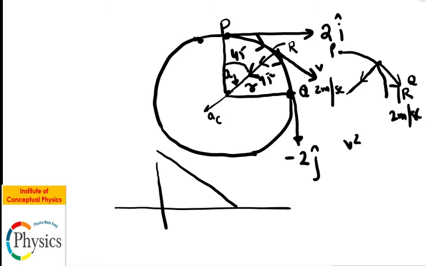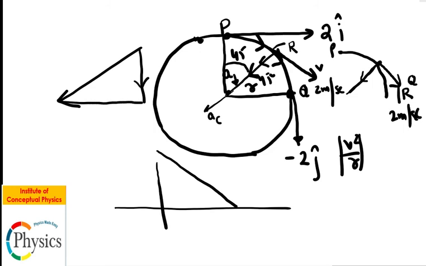So v square by r is the magnitude of the centripetal acceleration. And if you see the direction of the centripetal acceleration, it is twofold. One, it is downward. So this is 45 degrees. You can see the diagram. So you can write this as minus cos 45 degrees i and minus sin 45 degrees j.